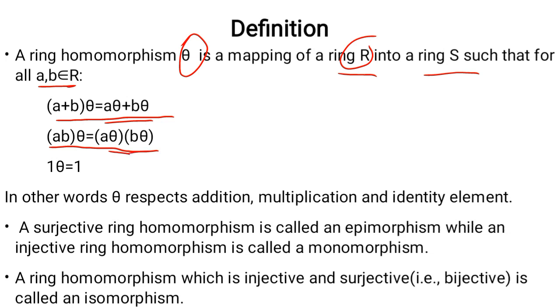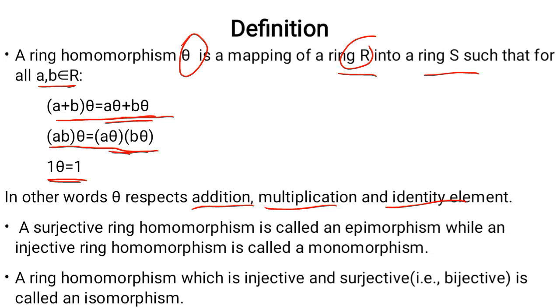So it's distributive over addition and also over multiplication. And the third condition is that 1 theta equals 1. I'm sure you still remember how to prove this identity. We want to show that 1 theta equals 1 using the clue I had given both in class and in the previous videos. So in other words, theta respects addition, multiplication, and the identity element.